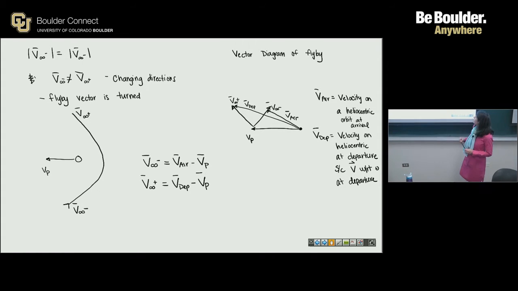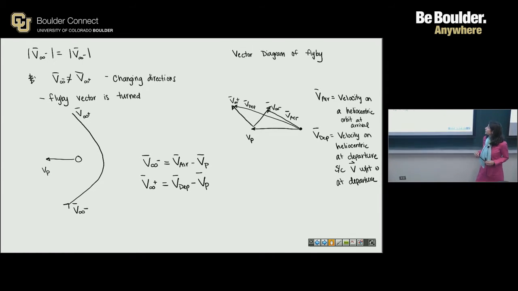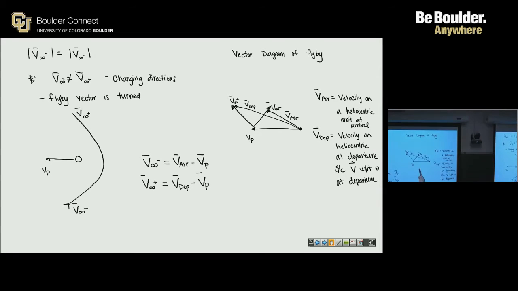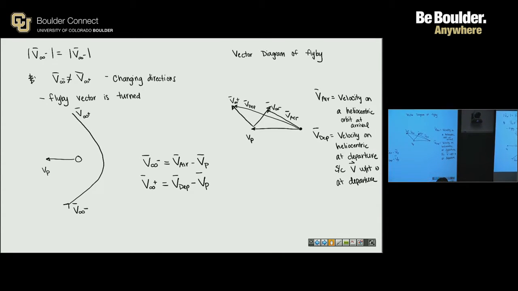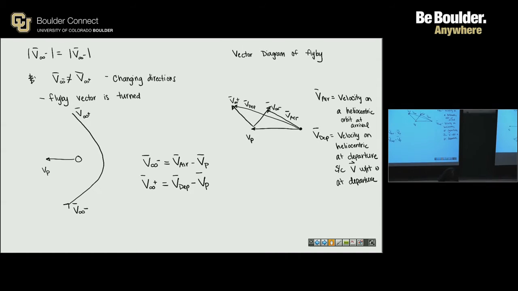And so now what can you see about the two departure and arrival velocity vectors, at least magnitude-wise? Departure's bigger. Yeah. So just looking qualitatively, we've really increased the magnitude of our departure velocity by this flyby.